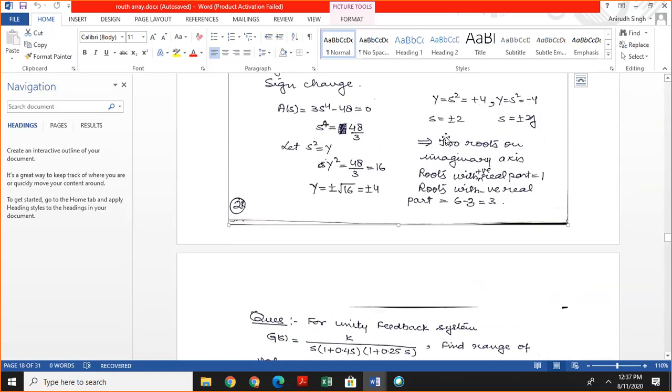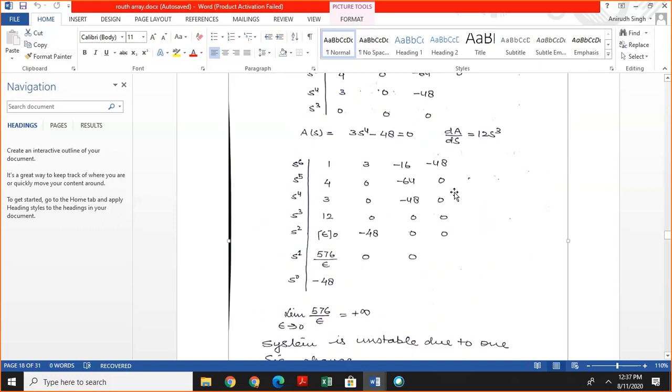So two roots are minus and plus 2, and plus minus j. These two roots, plus minus j, are on the imaginary axis. One root has a real positive part, and these are the remaining three roots.